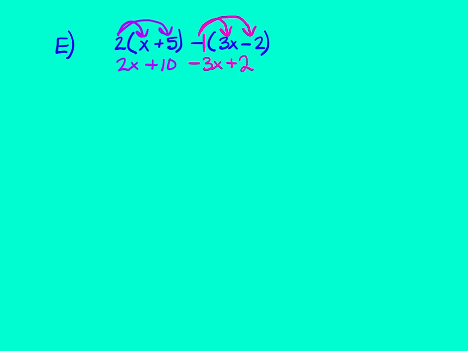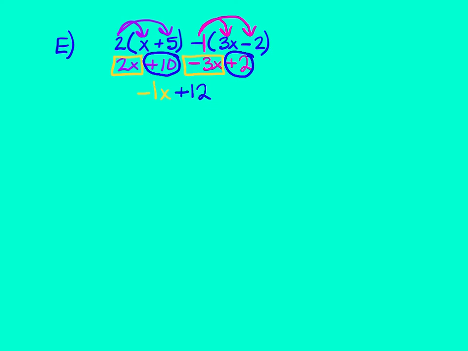Now we're ready to combine like terms. I have a positive 2x and a negative 3x. 2 minus 3 is negative 1x. I have a positive 10 and a positive 2. 10 plus 2 is 12.